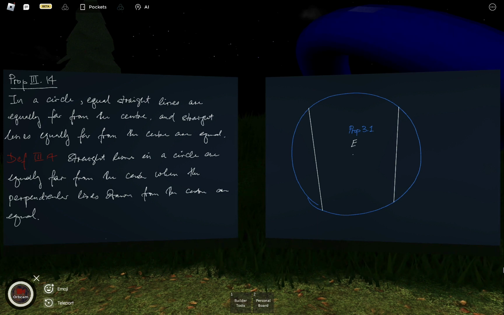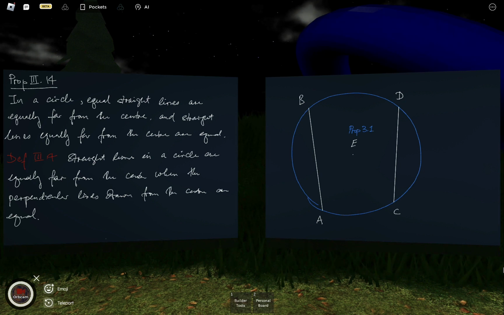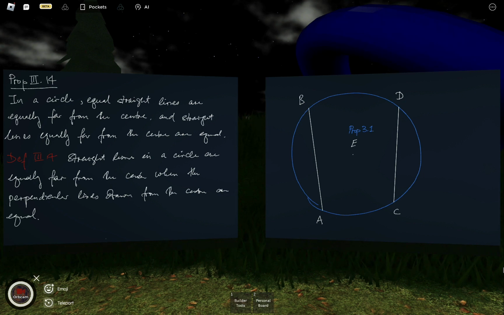So I have two lines on the circle. I'm going to call them AB, CD, right? And of course, by the definition of equally far from the center, we need to draw perpendiculars from the center to these lines. And so we're going to do that.